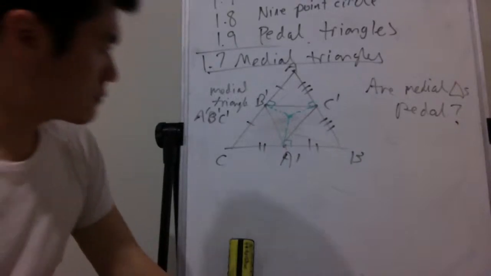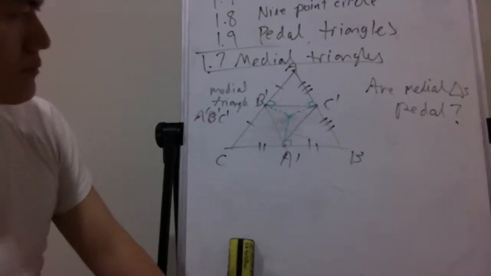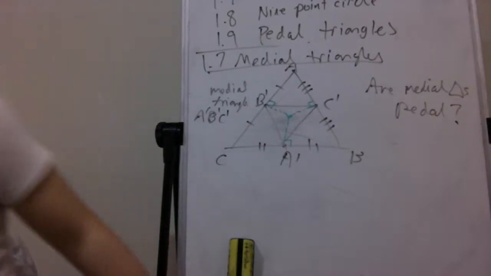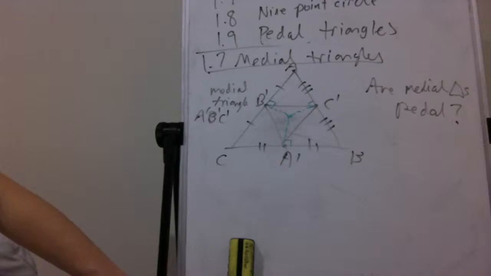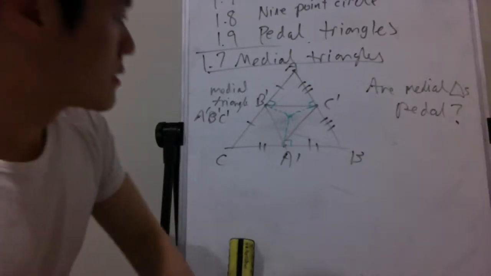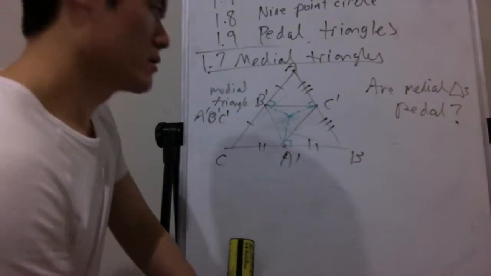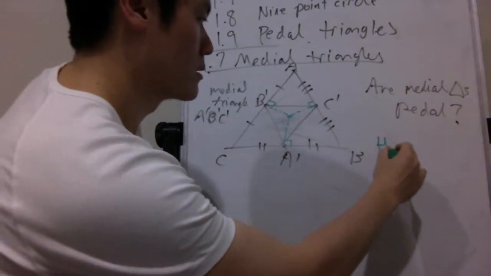Okay, so you already see that. What else do I want to say about this? Maybe I'll add this in. Do you guys still remember what the orthocenter was? Orthocenter.